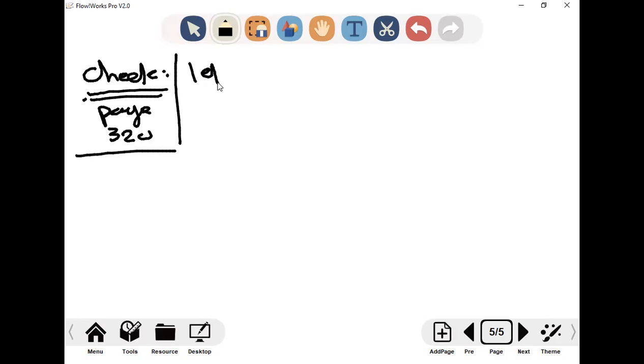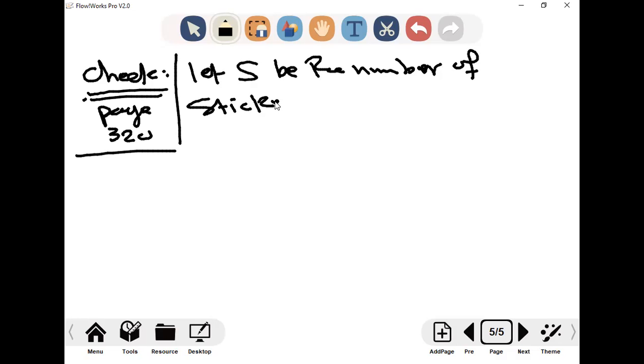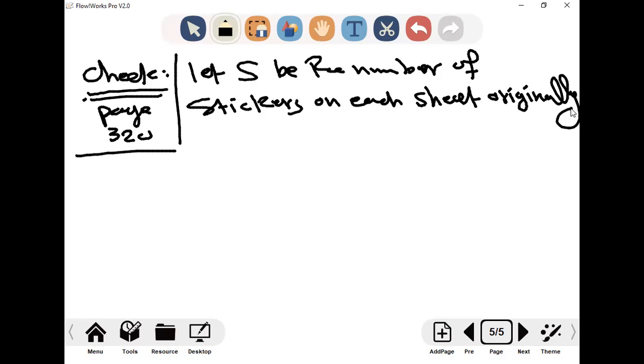Let us determine the variable. How many stickers? S, they said, right? Let S be the number of stickers on each sheet originally.